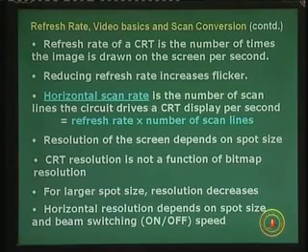The last point on this screen and in the lecture today is that the horizontal resolution of the screen depends on the spot size and the speed at which the beam can be switched on and off. Why is this necessary? The beam is moving from left to right at a very fast speed, and we are drawing points.